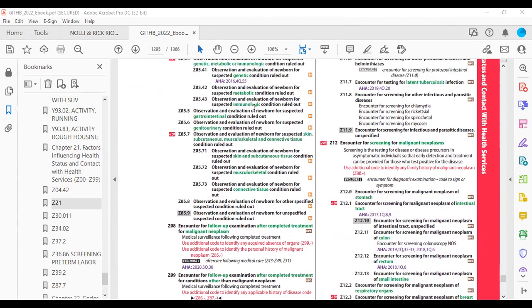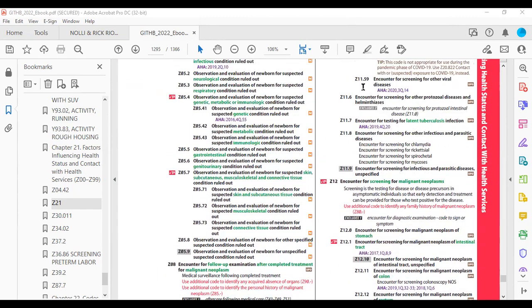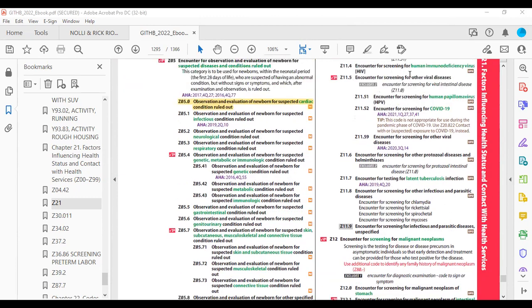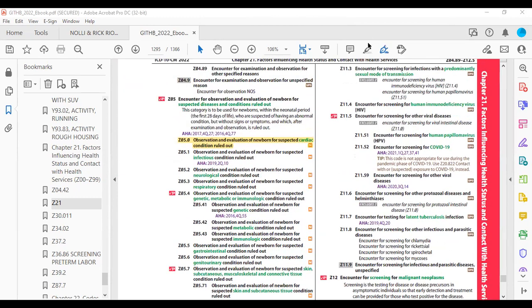And again, let's find that screening code right over here. This is the encounter code used for the HIV testing, the Z11.4.